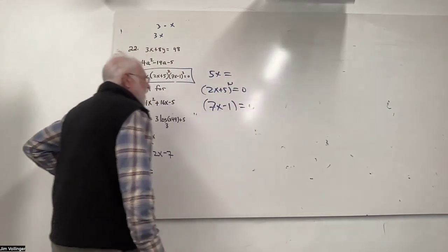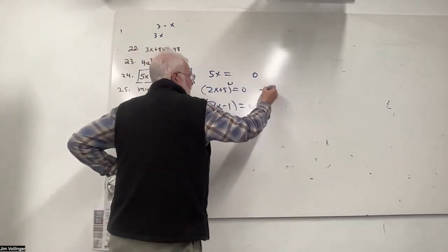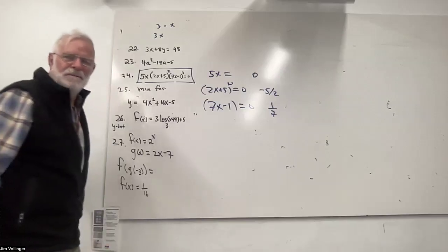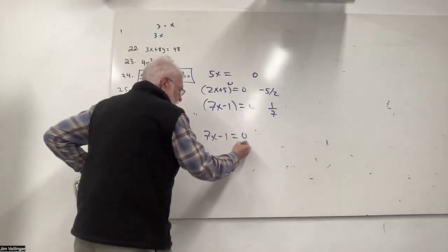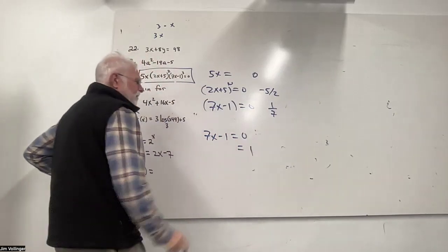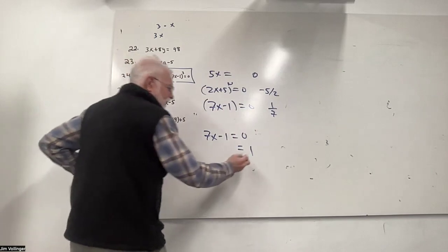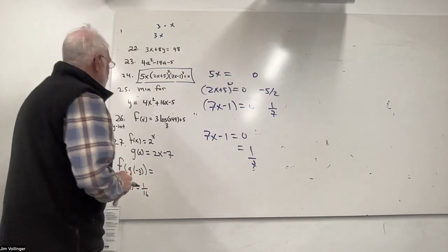I hope you don't have to take pencil to paper. I hope you can see 0, minus 5 halves, and positive 1/7. All right, go ahead and solve this. 7x minus 1 equals 0. What are you going to do? Inverse operations. What's the inverse of subtraction? Addition. What's the inverse of multiplication? Division. Okay, keep an eye out for that.